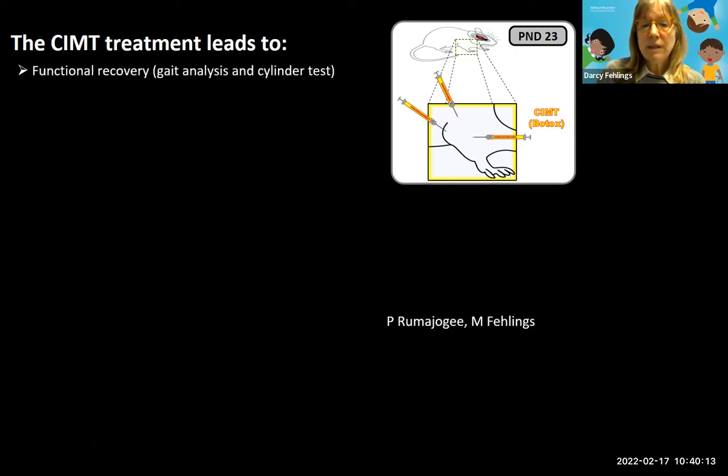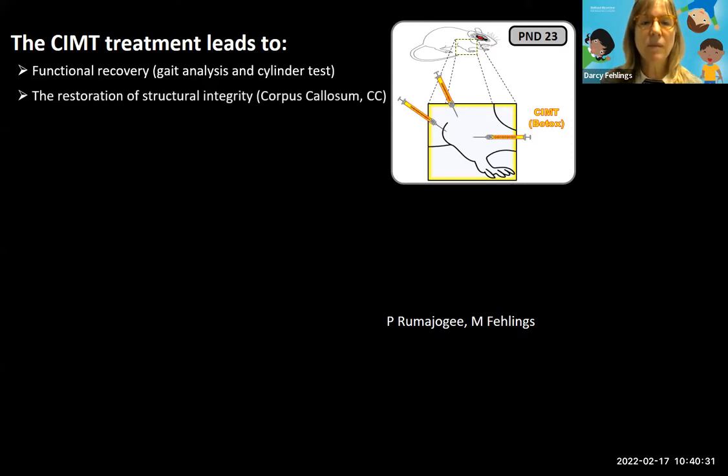And what they found was they had functional recovery tests where they looked at gait analysis. There's also a cylinder test where the rodent tries to move up the cylinder. And they found functional recovery post-constraint.